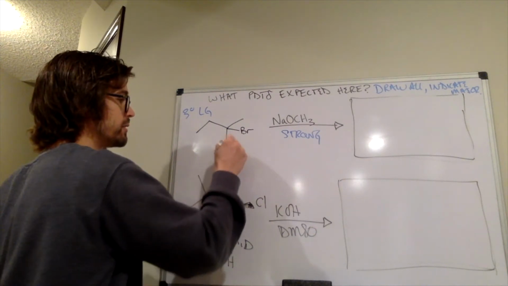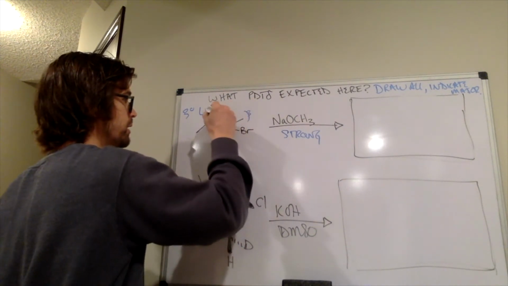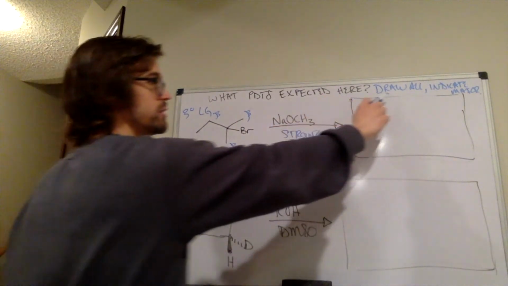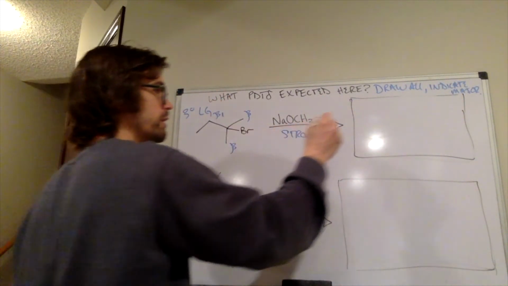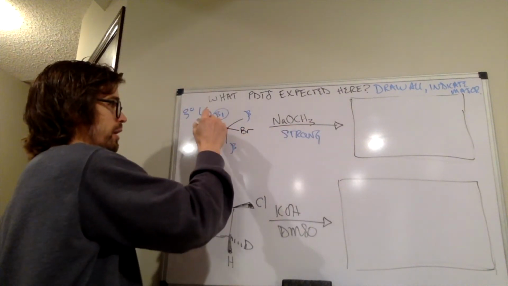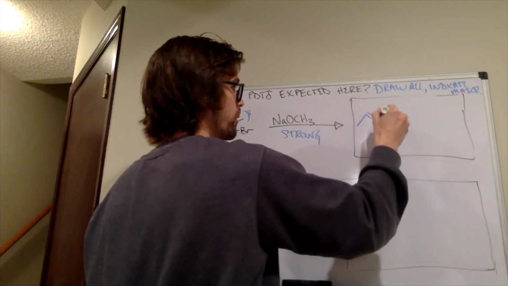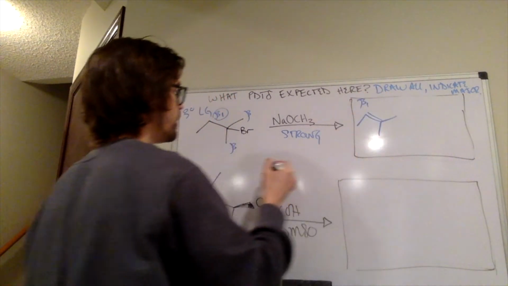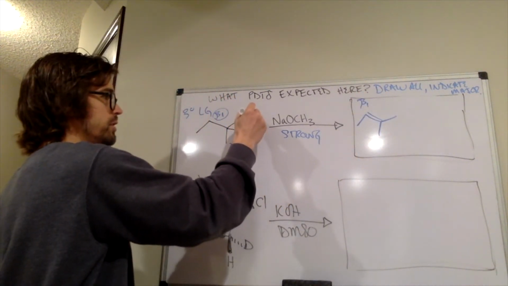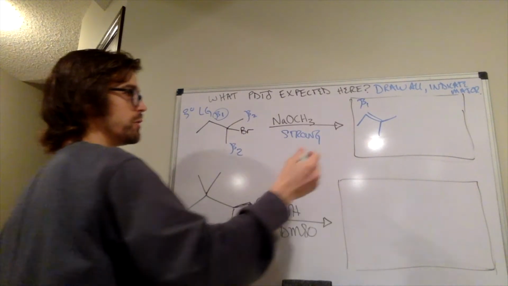What about that? This is a beta position, this is a beta position, this is a beta position. It says to draw all, indicate the major. If we pull off from beta 1 here, indicated this is the beta 1 position, we would form that product. So this is beta 1. This beta 2 is identical to this beta 2.